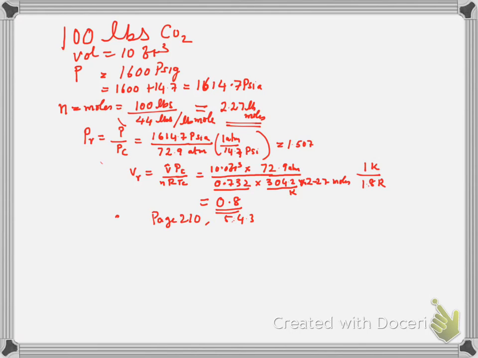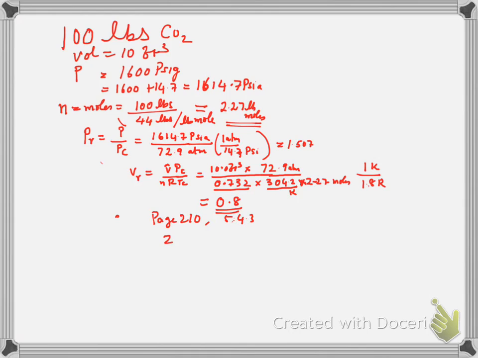And then reduced volume is 0.8. So up there, 0.8 and 1.5 will give us roughly a factor of 0.85. 0.85 roughly.